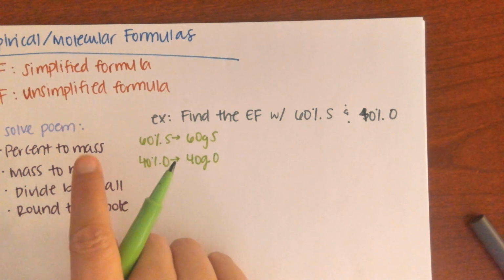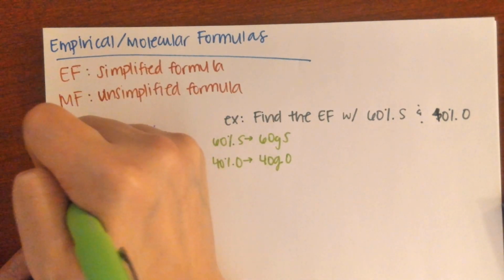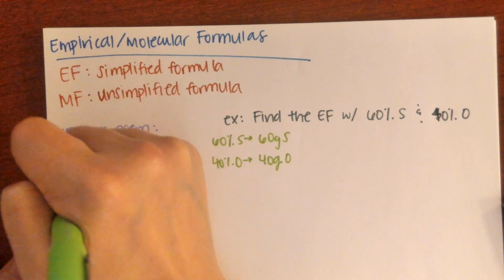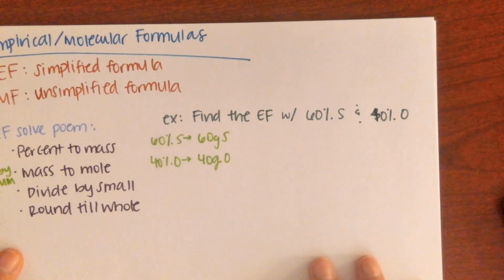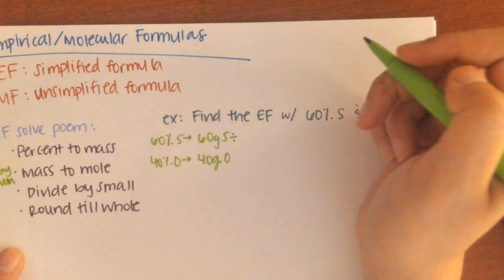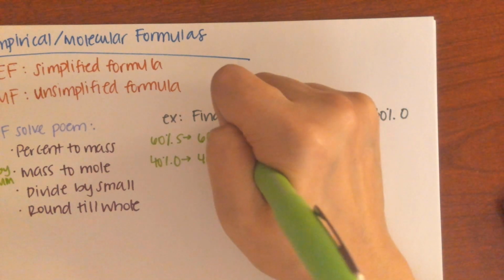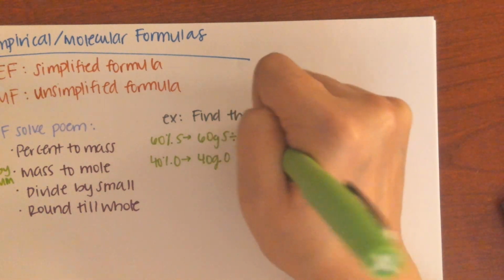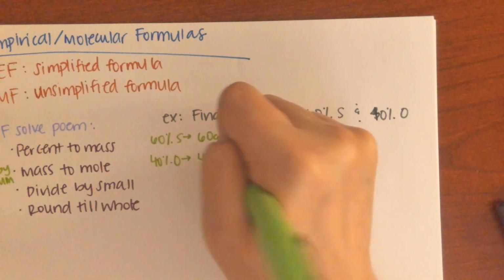Alright, mass to mole. So how do you do that? Again, you divide by the molar mass from the periodic table. So 60 grams divided by the molar mass of sulfur, 32.066. You get a number. We'll get to that in a second.